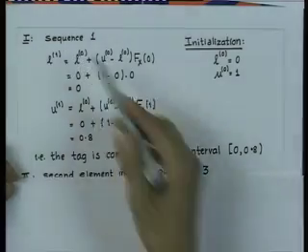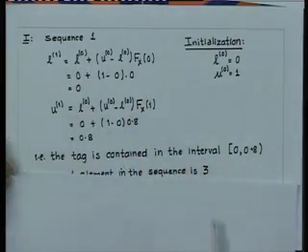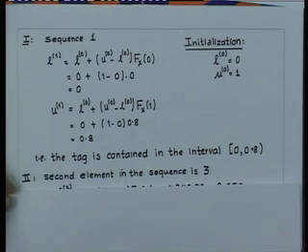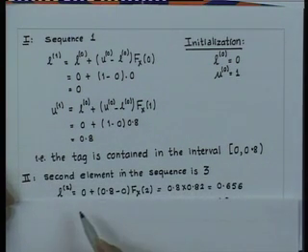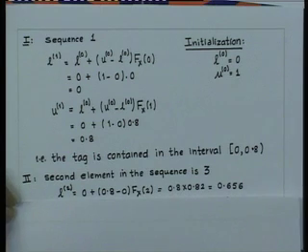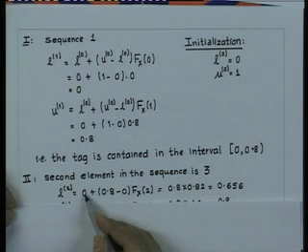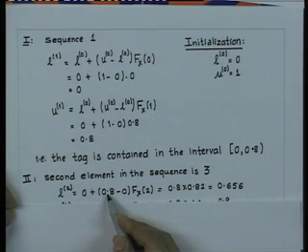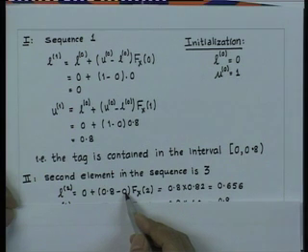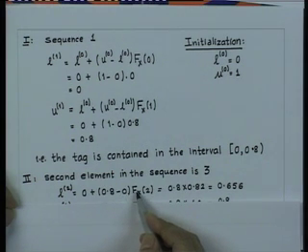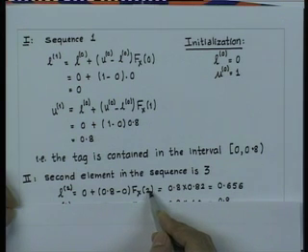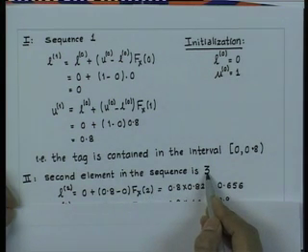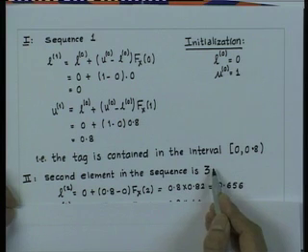The second element in the sequence is 3. So L2 and U2 will be given as follows. L2 is equal to L1 plus U1 minus L1 and Fx of xn minus 1. xn in this case is 3. So 3 minus 1 is 2.